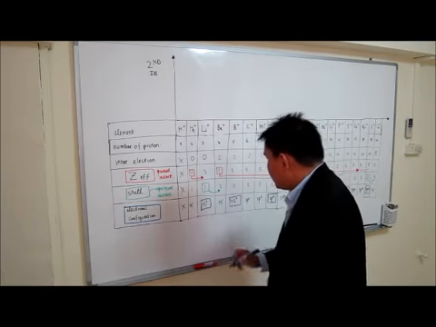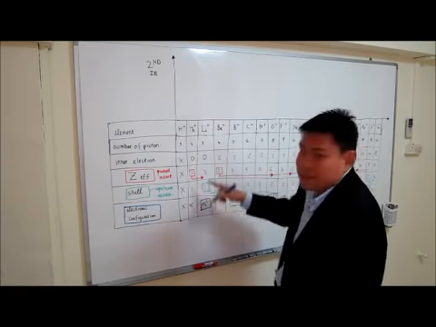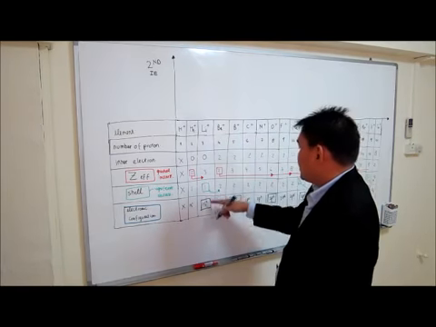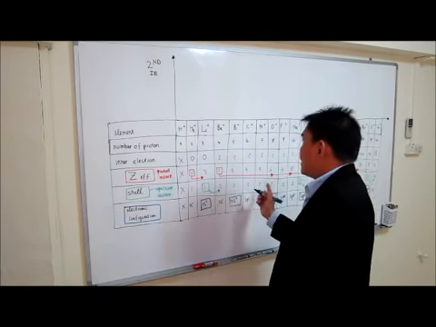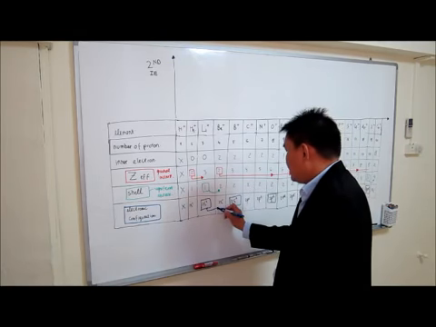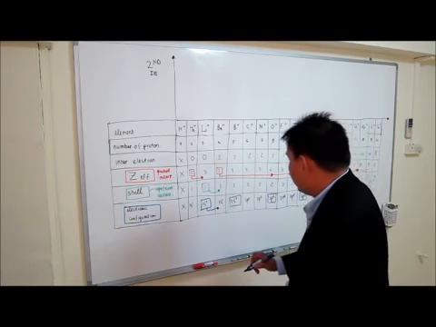Now, if Li plus is stable, then the next cation after that will have a slight decrease in second ionization energy.